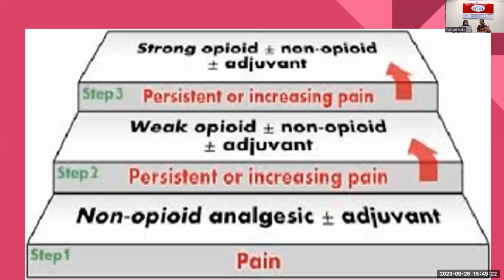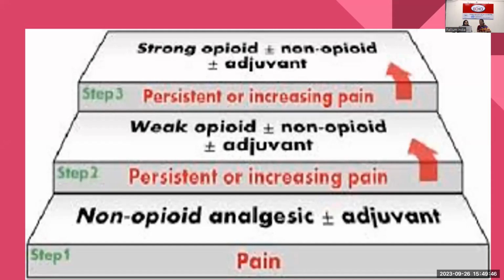This is the ladder, the WHO ladder. It has step 1, step 2, and step 3. The mild, moderate, and severe assessment of pain that we saw is what is going to help us go up the ladder. Generally, you go from step 1.